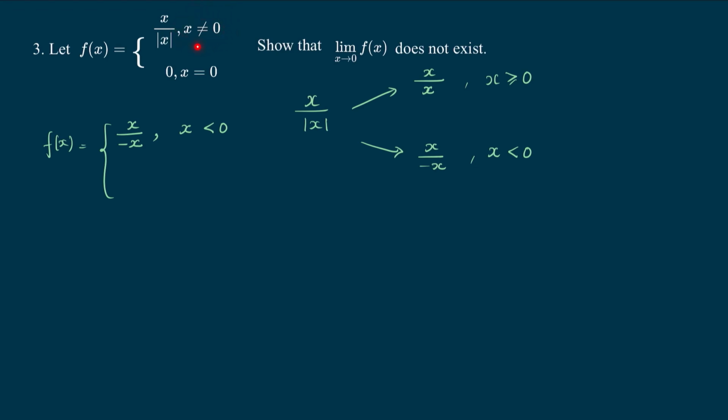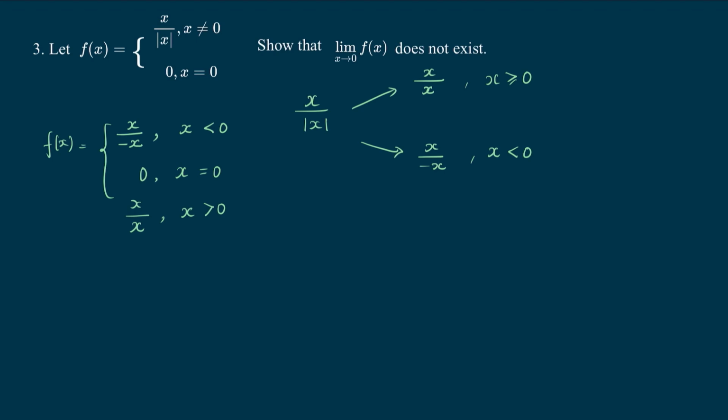So x not equal to 0 means x is either less than 0 or x is greater than 0. So actually I am dividing this portion into two parts, okay? And in the second I will write 0 only whenever x is equal to 0, because that is already in the question. And my third portion will be x over positive x when x is greater than 0.